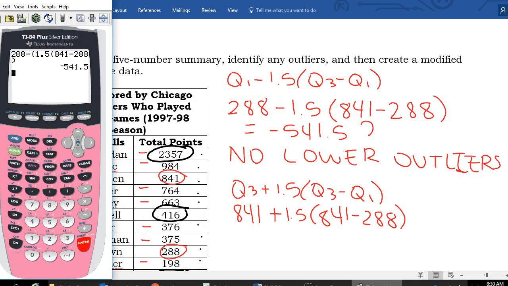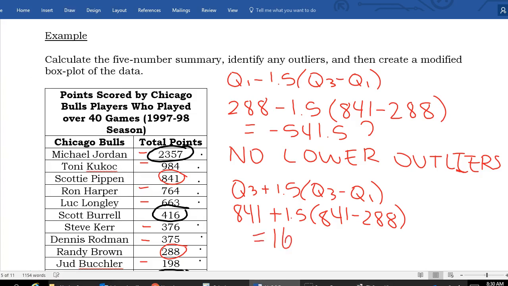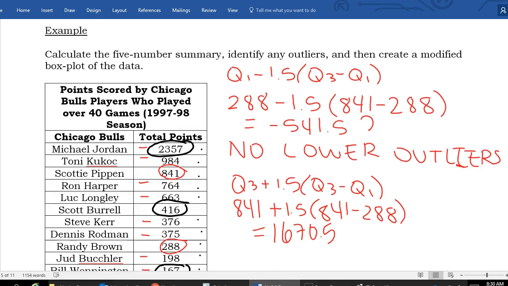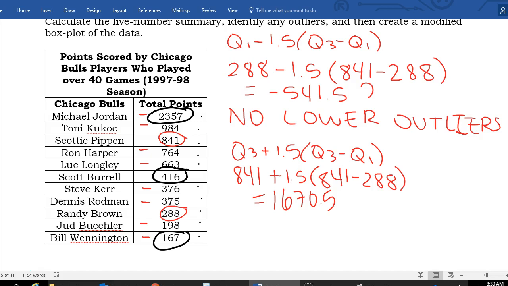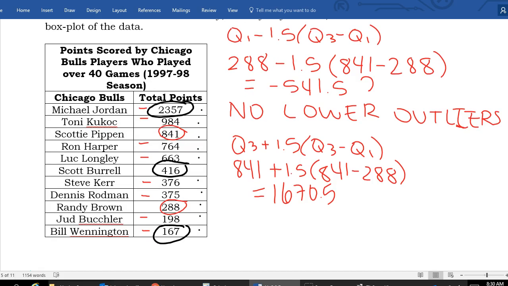So we're going to put that one into the calculator, and we get 1,670.5. So Michael Jordan was definitely an outlier with 2,357 points, but he would have been an outlier with 1,671 points. 1,670 would have been the highest value to not be an outlier.